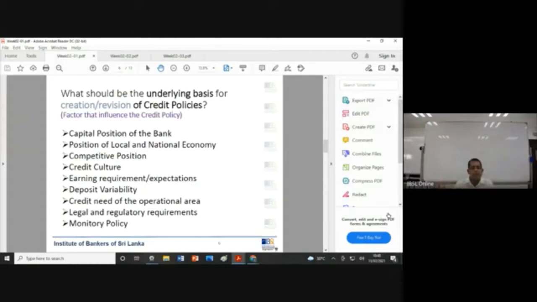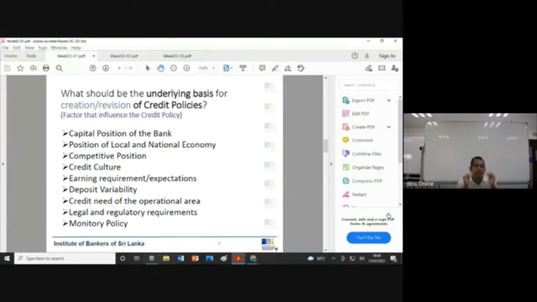You charge 10%. Higher the risk, higher the return. Lower the risk, lower the return. Right? So when you have the capital position very weak, you have to think on quality credit only. So the credit policy will be tightened to match that capital position.